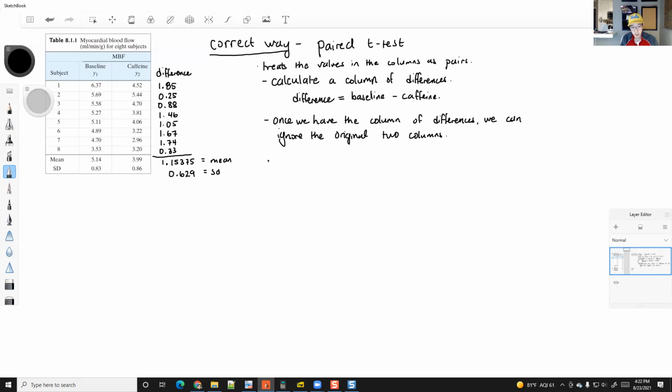So this time the hypotheses for the paired t-test: your null hypothesis is going to be that the mean difference is equal to 0, and we'll keep it non-directional, so the alternative is that the mean difference does not equal 0. Very important, please note.